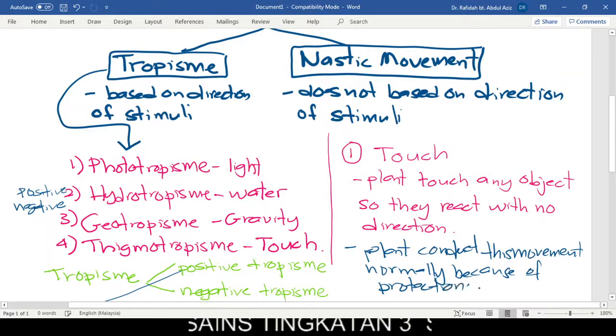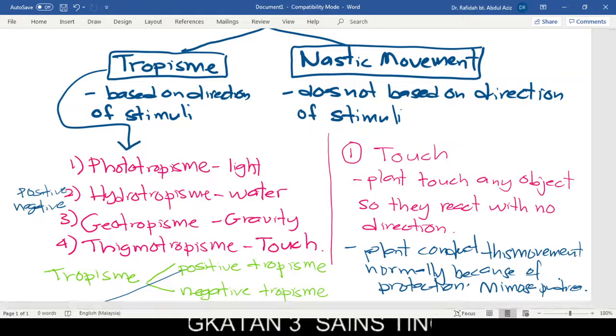For example, the species Mimosa pudica. When we touch that plant, the leaf will move inwards to protect the leaf from any disturbance. Okay, so that is the simple explanation about Nastic movement.